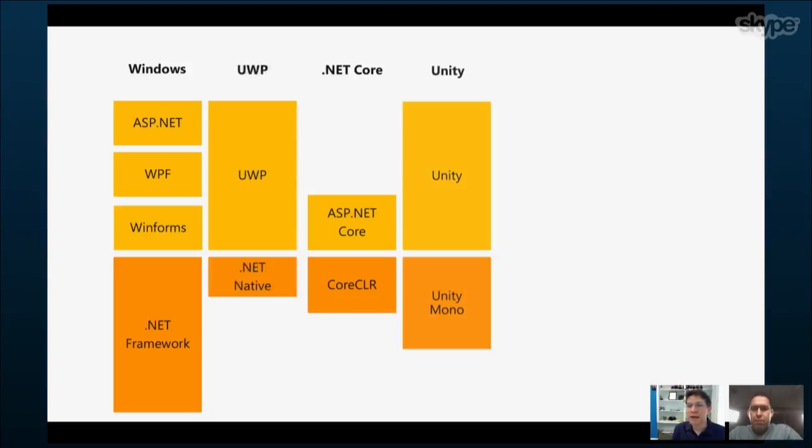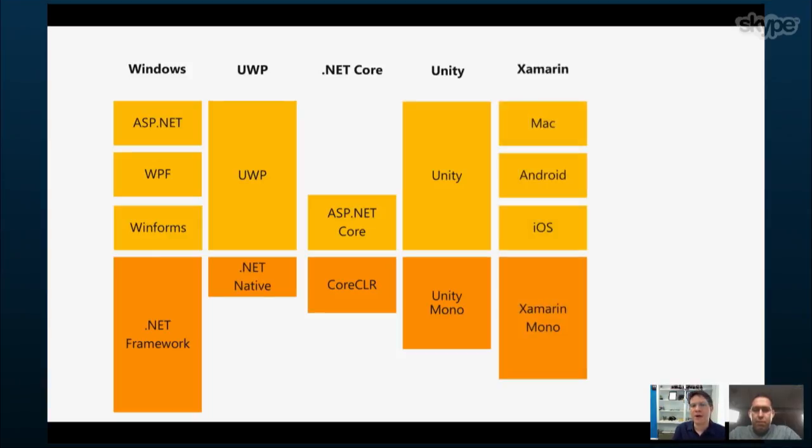Meanwhile, Unity adopted Mono and has their own API surface, and they have another subset of the .NET API. And of course, Xamarin had 3 different programming models: Mac, Android, and iOS. There's a few more missing, but we had our own implementation of this stack. So the way that you typically share code between this is that you target the intersection of all these things.